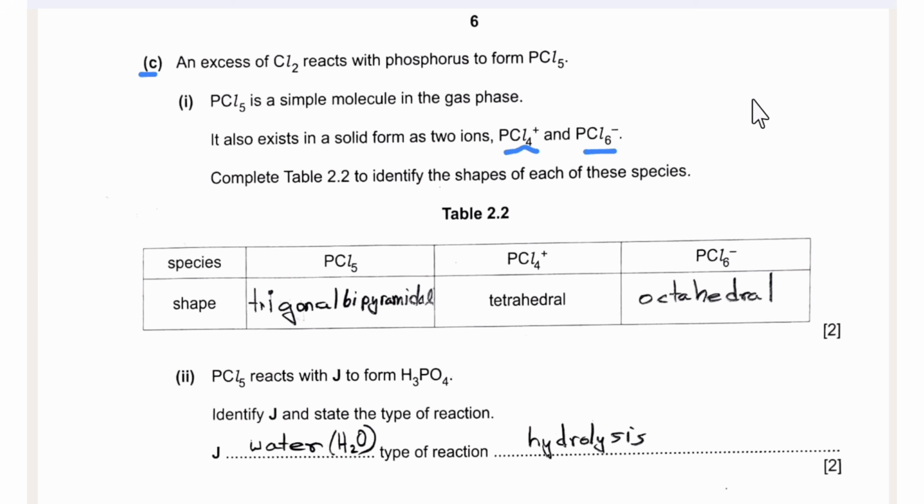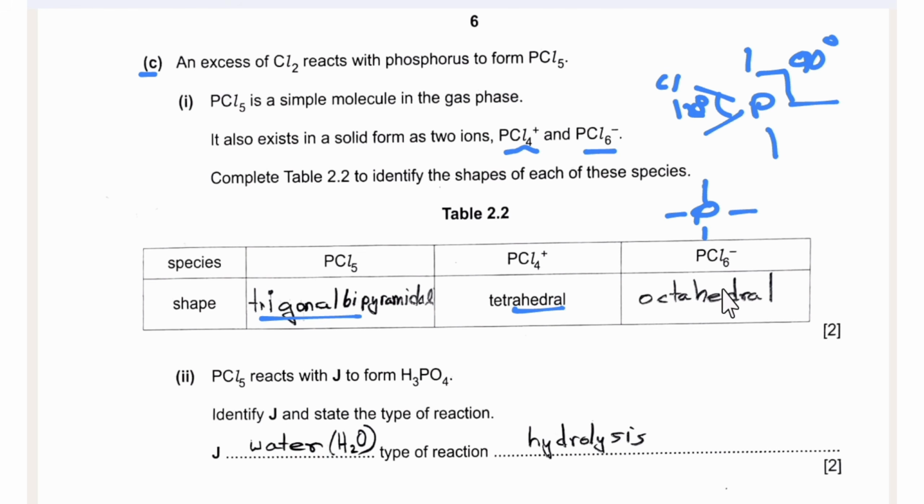So PCl5: this is P, and this is one chlorine, another chlorine, then another chlorine, and these two are chlorine, that is Cl and the rest of the Cl. This angle is 90 degrees and this angle is 120 degrees, and the structure is trigonal bipyramidal. For PCl4 plus, P and Cl4, the shape is tetrahedral.